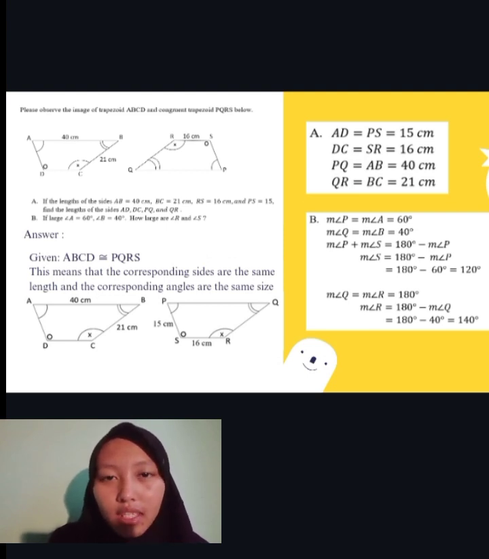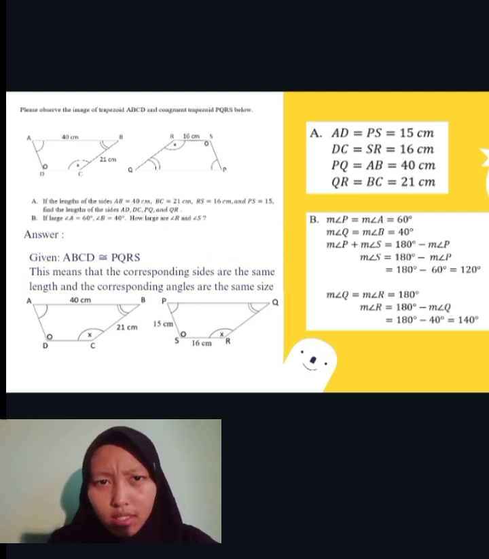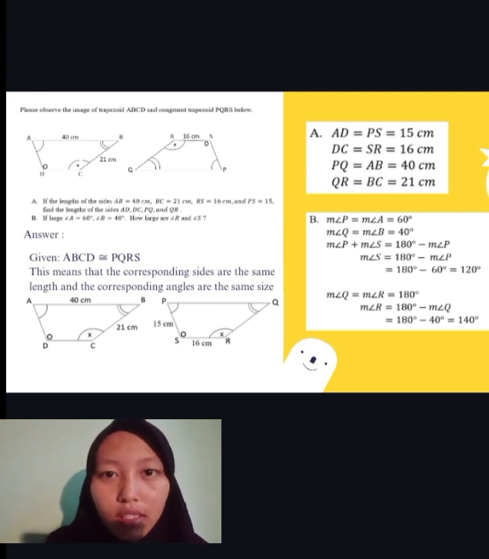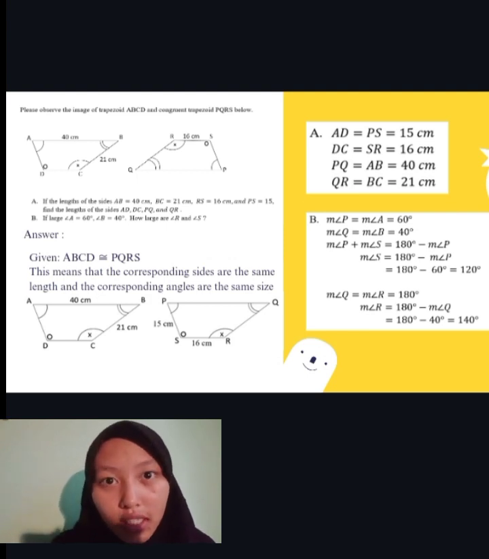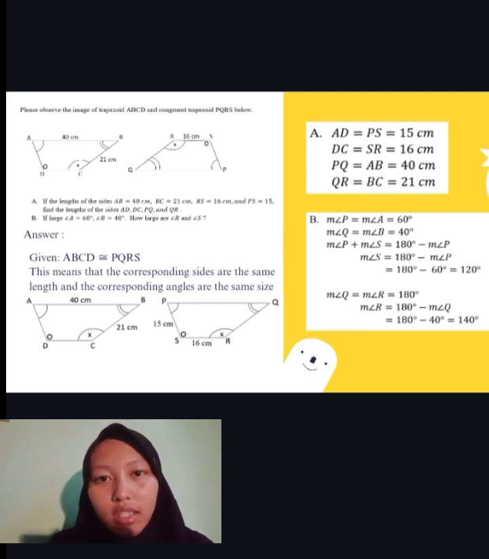So we will find the size of the angle R, meaning that the size of the angle R is equal to 180 degrees minus the size of angle Q. Then we enter the value for the size of the angle Q. We have obtained 40 degrees, meaning 180 degrees minus 40 degrees. The result is equal to 140 degrees. So we get the angle R is equal to 140 degrees.